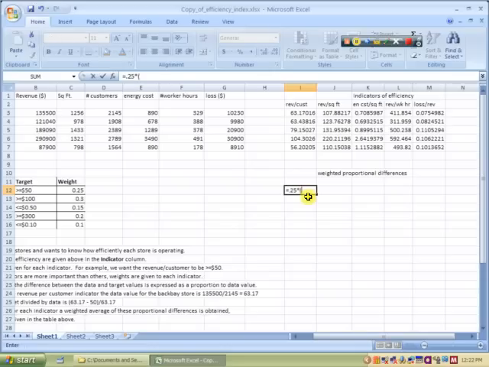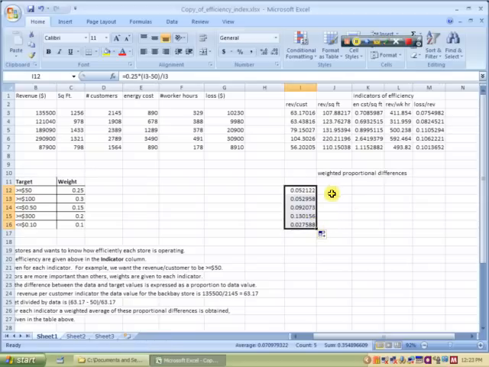And then we're going to take the proportional difference between the data revenue indicator for revenue per customer and subtract that from the target, which was 50, as you can see over here. Here's the 50 and here's the weight. Close the parenthesis and divide that by the data value. And then we're going to drag that on down for the other stores.